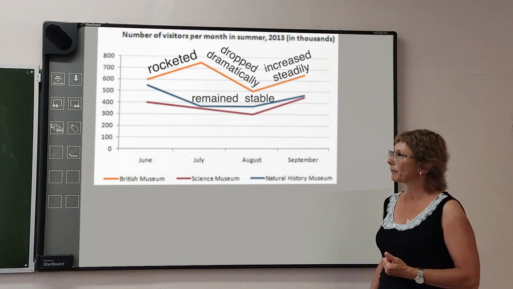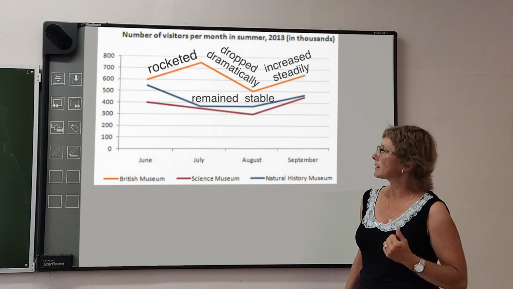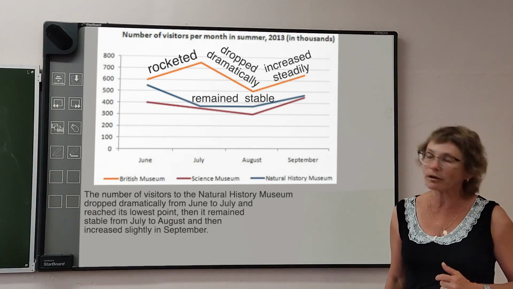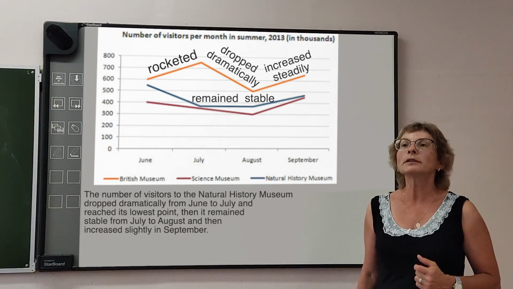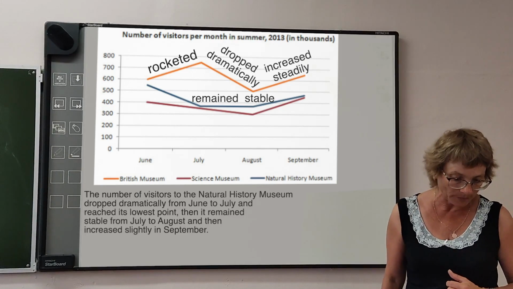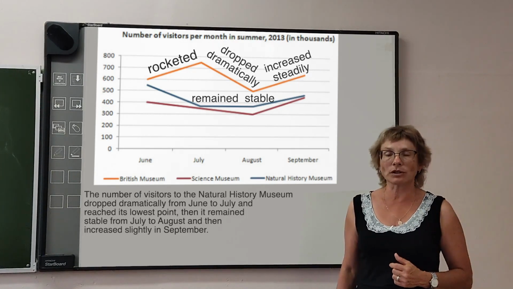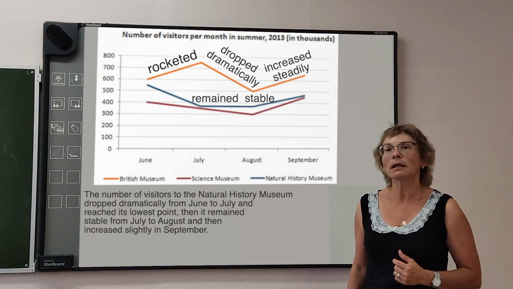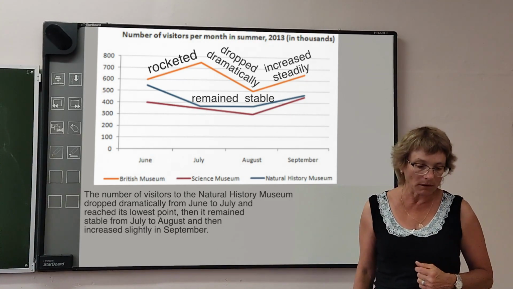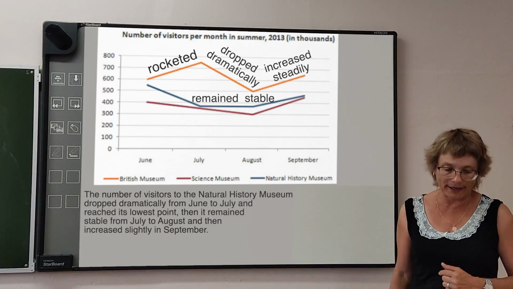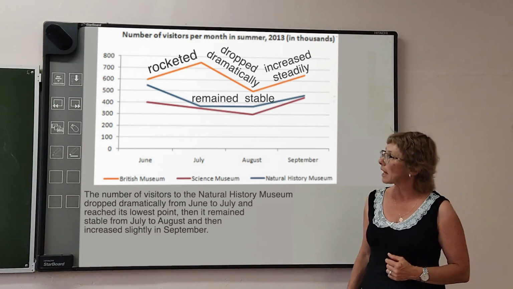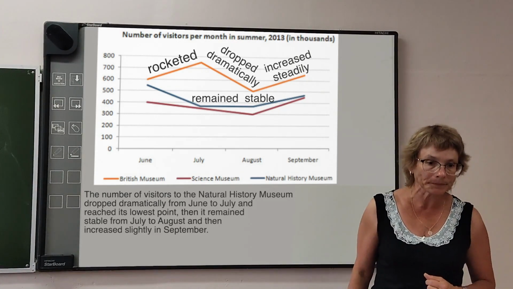So let's make up some sentences about these lines together. So, for example, the number of visitors to the Natural History Museum dropped dramatically from June to July and reached its lowest point. Then it remained stable from July to August and then increased slightly in September.